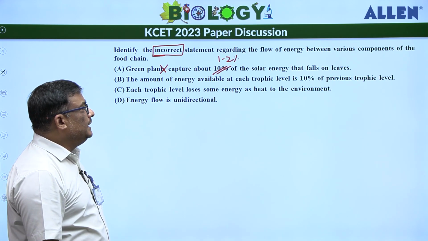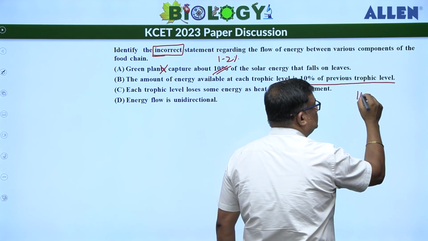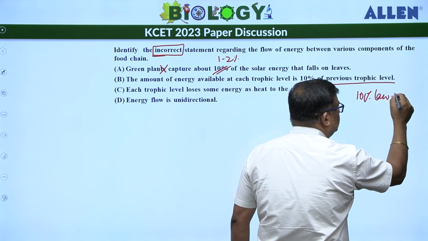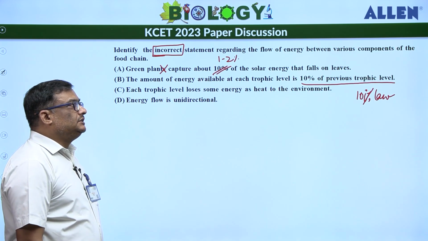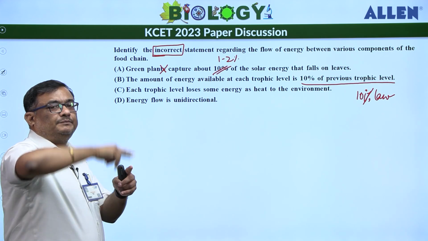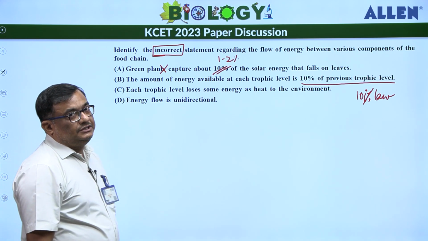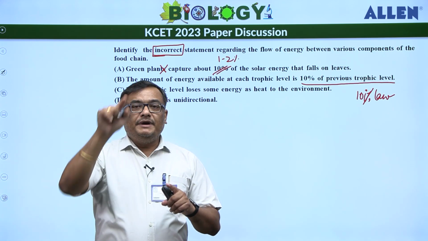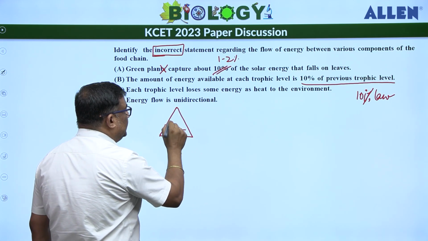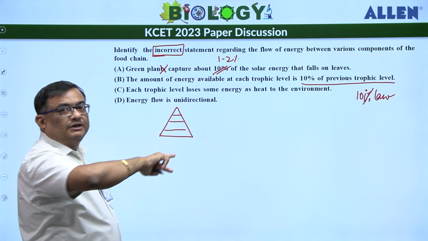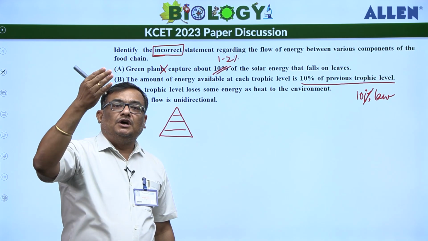The amount of energy available at each trophic level is 10% of the previous trophic level. True, this is termed as the 10% law. Each trophic level loses some energy as heat to the environment. 10% goes up, 90% is radiated out. Energy flow is unidirectional. When you make the pyramid of energy, you always make it in an upright position, never inverted, and energy flow is always unidirectional from bottom to top.